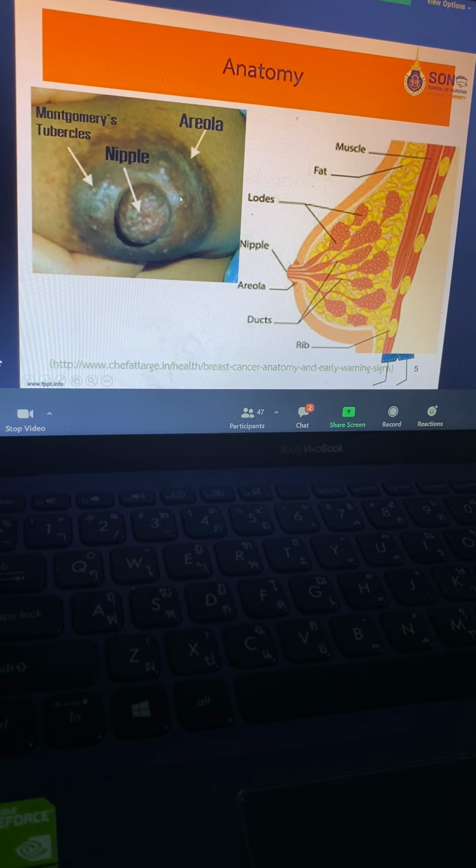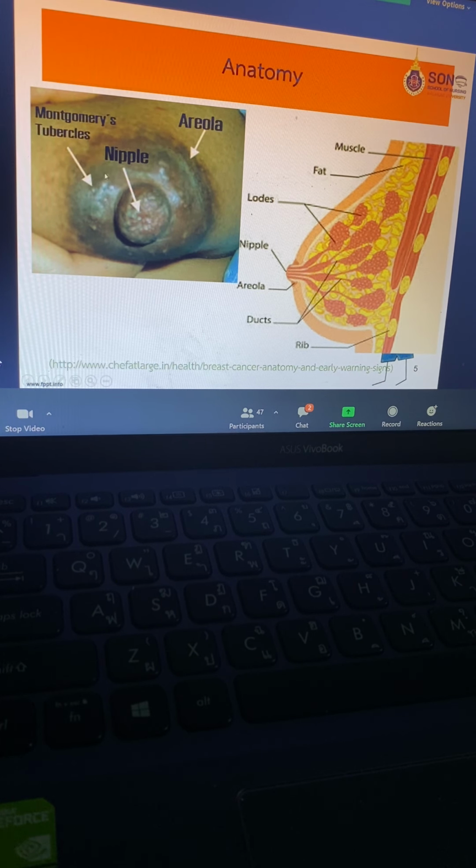Yes, in English you can call it areola. And on the areola you can see Montgomery glands. Montgomery is normal. Montgomery เนี่ยสามารถเจอได้ที่ลานนมเป็นตุ่มเล็กๆ. That is normal. Don't worry. Everyone can see it on the areola.